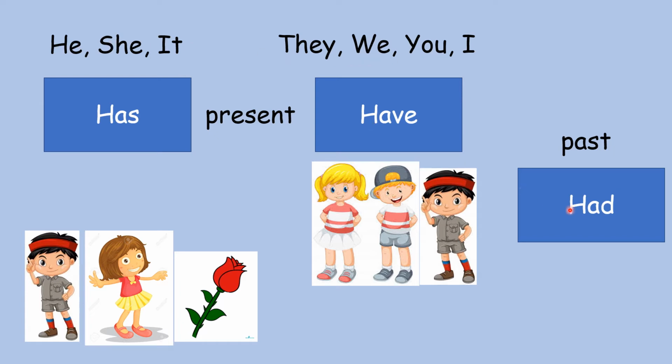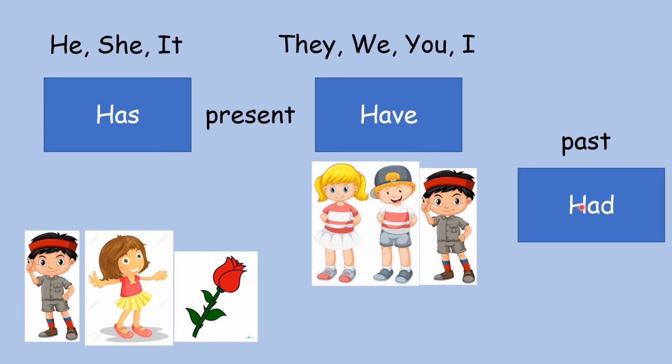He had, she had, it had, they had, we had, you had, I had. So the word had can be used with all these pronouns and the words that represent it, but it is in the past tense, something that is already over.